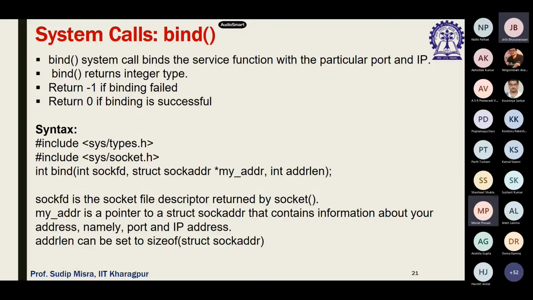Then there are two other fields. The second one is a pointer to a structure, and that structure is the sockaddr. The sockaddr is the socket address that contains the information about the address in the form of the port and IP address. So my address is the pointer to the sockaddr structure.